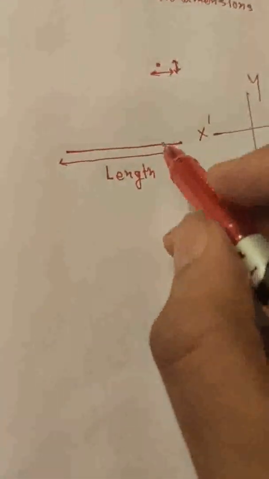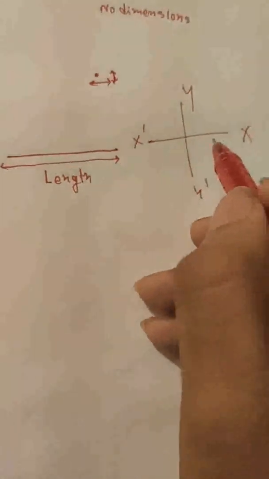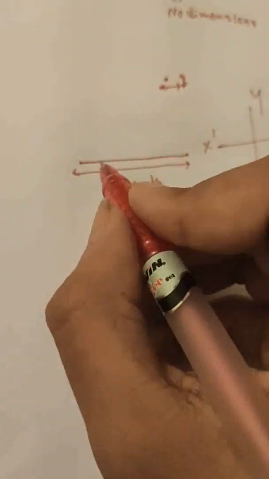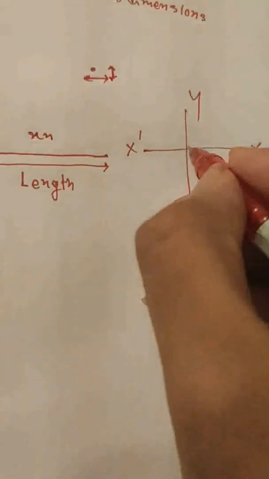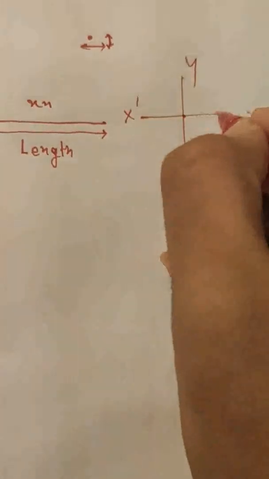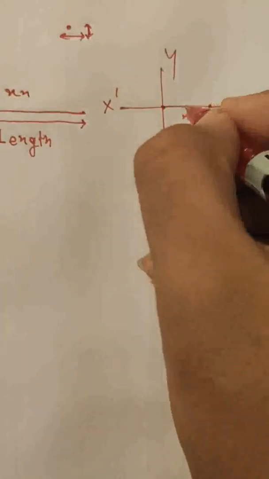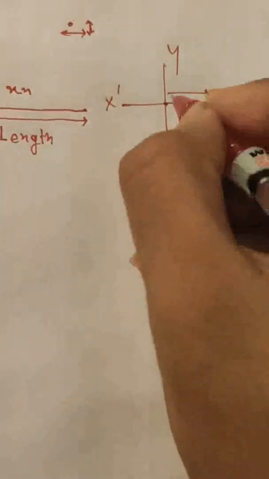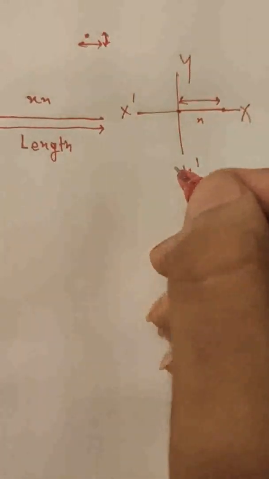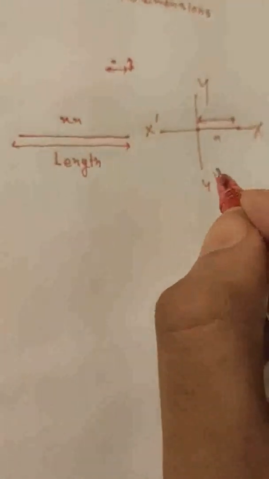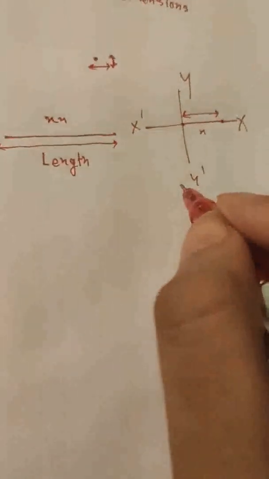So I draw this line along the x-axis. If you know the value of the line, let us assume xn, then you can put this xn from 0 up to the value n and you get the line. That means this line has only 1D, one dimension.